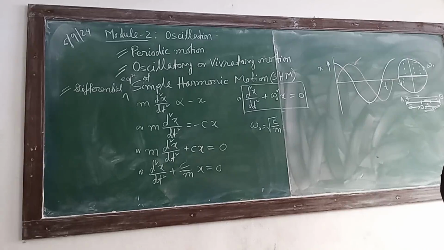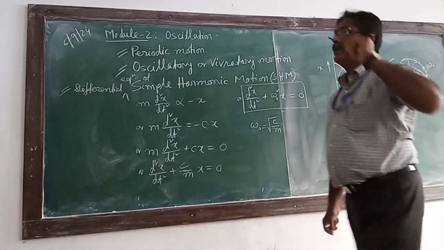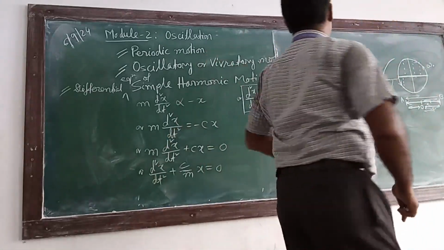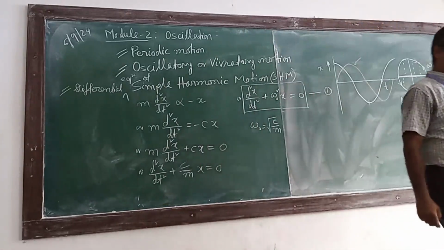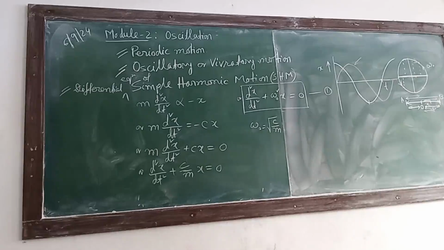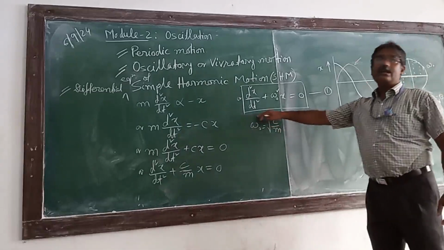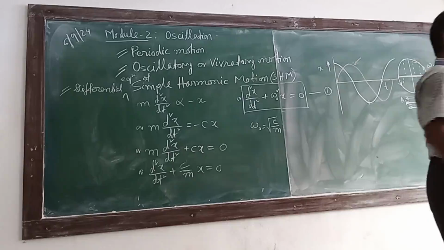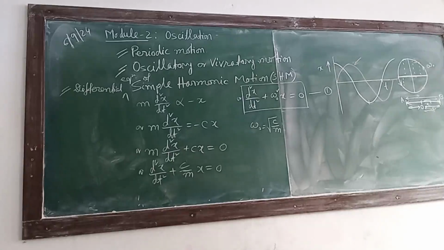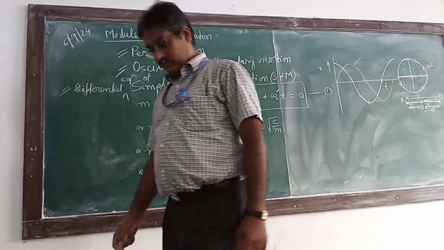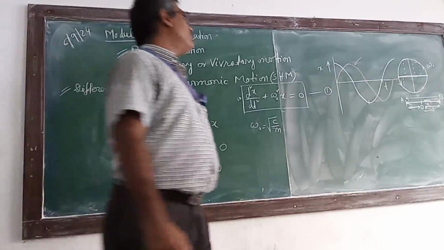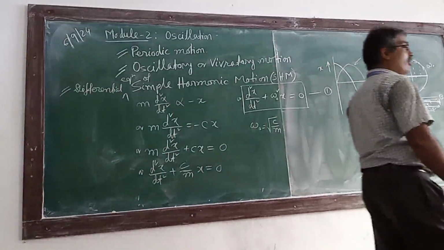In your syllabus there is no solution, so you must write only the solution at the end. The solution of equation 1. This is the differential equation. Equation 1 is the differential equation of simple harmonic motion.